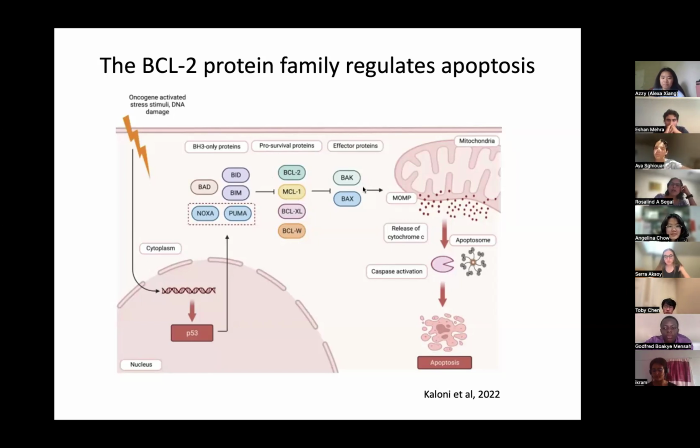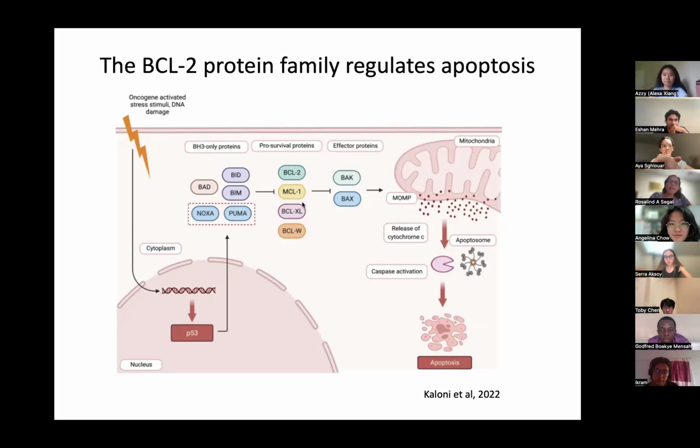They bind to these pro-death proteins and prevent the actions of these. So what does BCL2 do? It prevents the ability of BAX and BAK to make holes in the mitochondrial membrane.